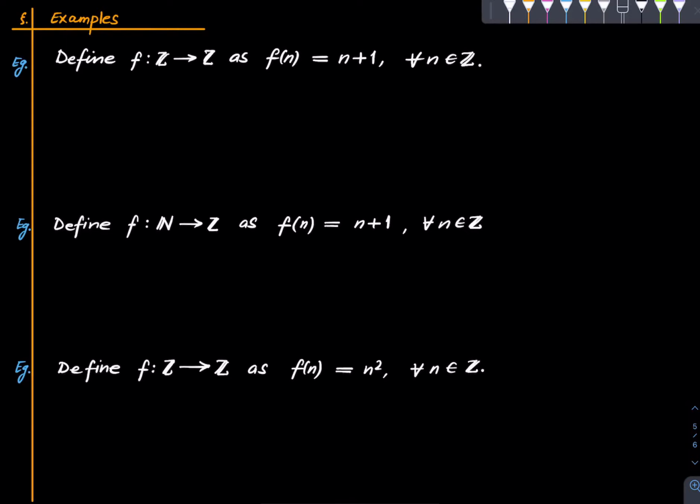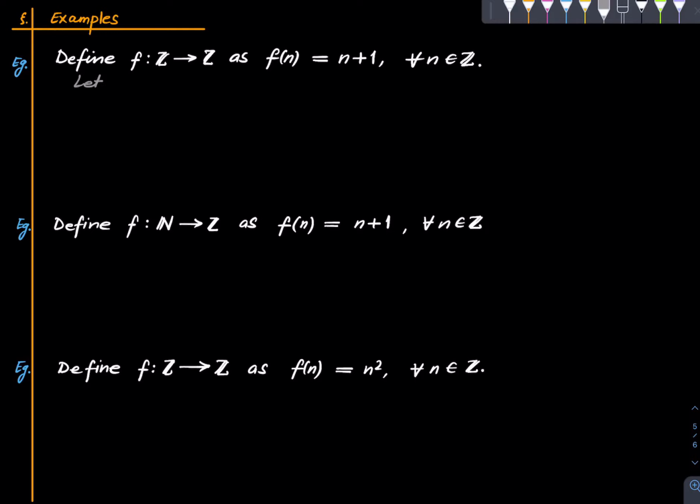Okay, let's see some examples. So this time again we have the same 3 examples, I think, or no, a little bit different. So the first one is just add 1 to your input, and is it surjective? I'm sure you can see this is surjective. This is basically just translating all the integers by 1, so it has to be surjective, but a formal proof is here.